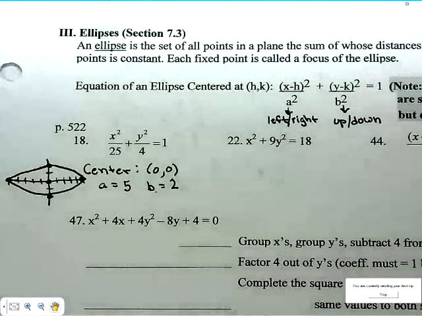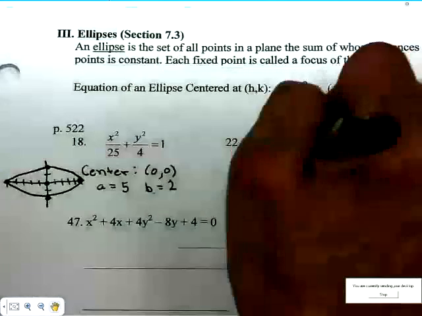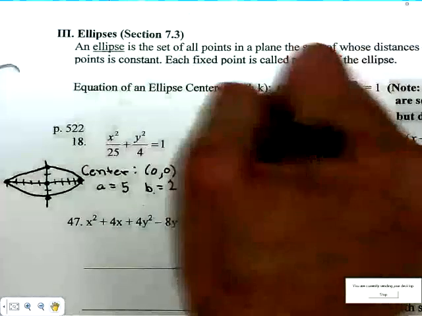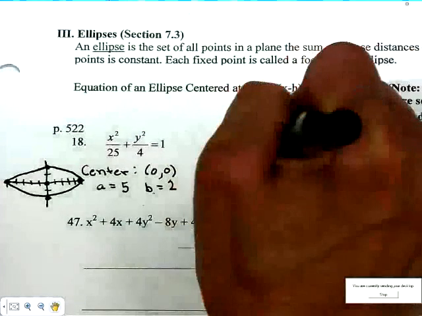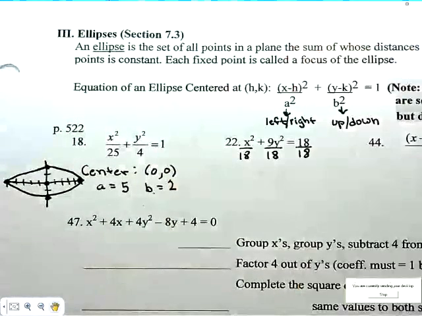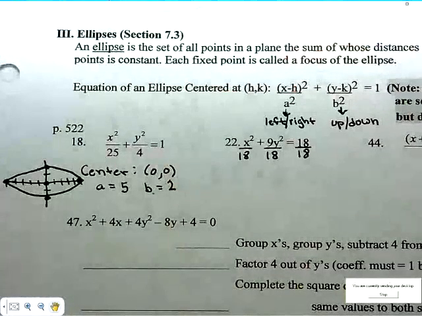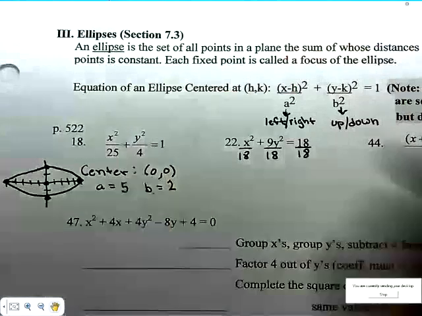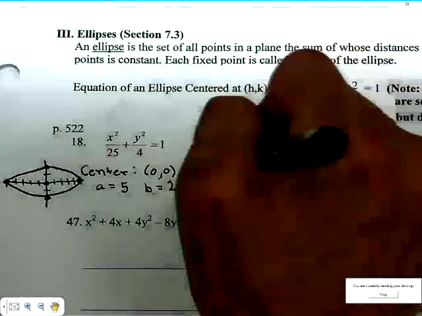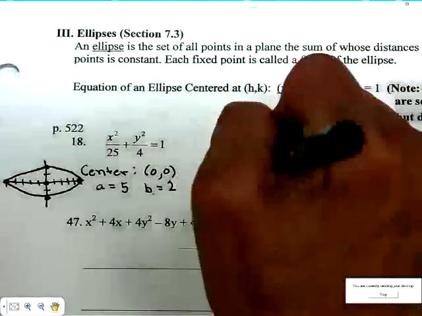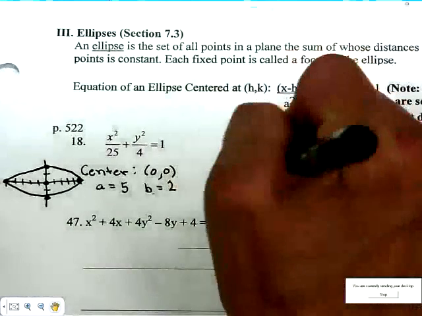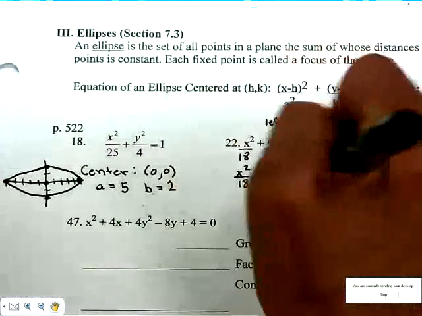That would be a way to get a 1 on the right-hand side, but it would mess up the whole problem. It's easier just to divide both sides by 18. When you simplify that, you have x squared over 18 plus y squared over 2 equals 1.